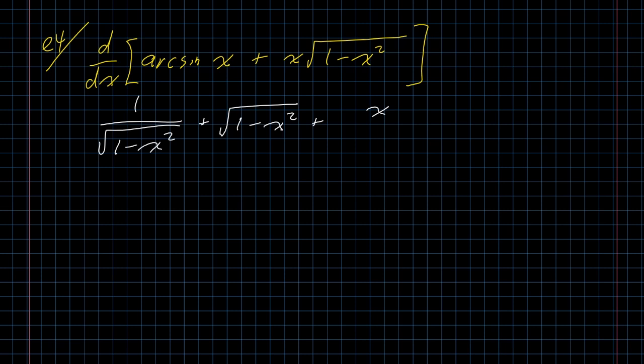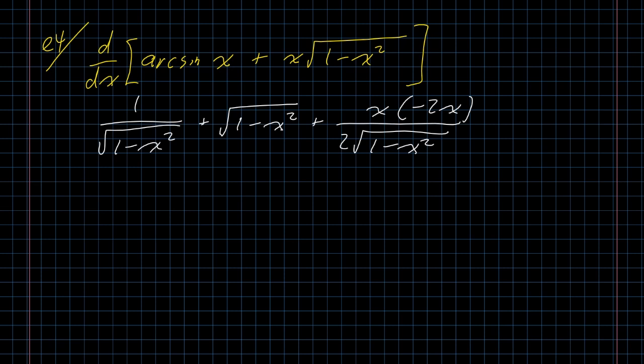My accents are all on the wrong syllables. The derivative of the square root of 1 minus x squared is going to be 1 over 2 times the square root of 1 minus x squared times the derivative of the stuff inside, which is minus 2x. And at this point, you start to notice that, well, this square root is showing up all over the place.